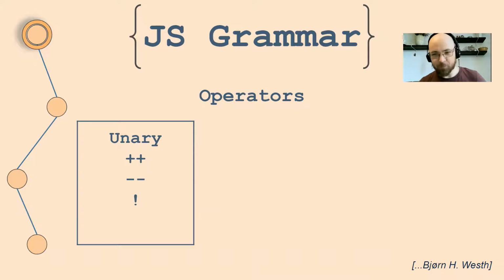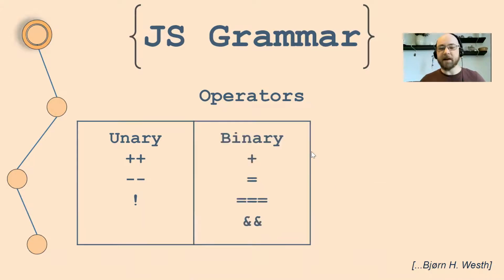One. One, exactly. Yeah, easy. Okay, so what about binary? How many different values does a binary operator operate on? 2. Yes, thank you. Starting to work.